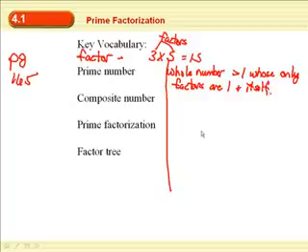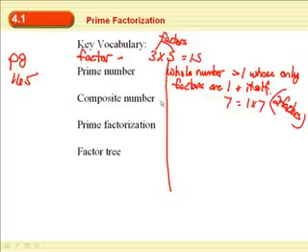Okay, so an example of a prime number would be 7. The only multiplication problem that makes 7 is 1 times 7. 1 and 7, the only things that can go into 7 evenly. In other words, it only has 2 factors. Okay, and 1 is one of them, 1 and itself.